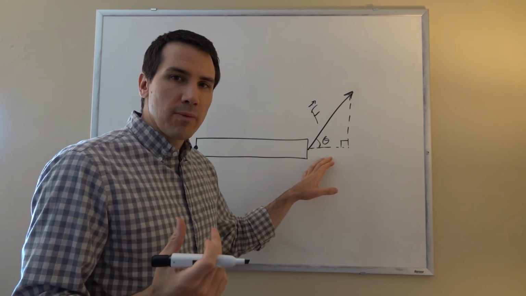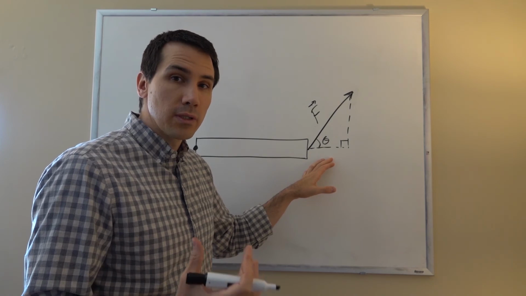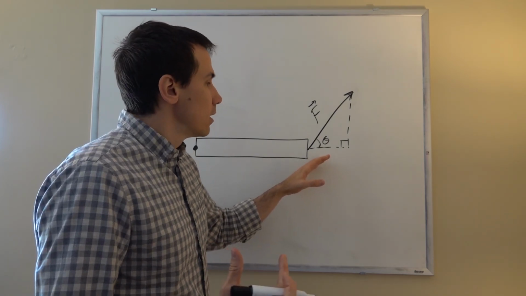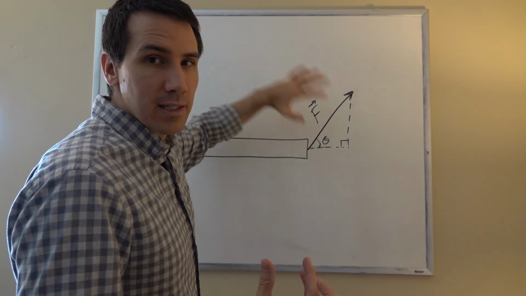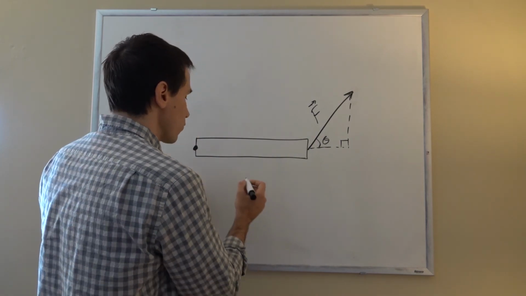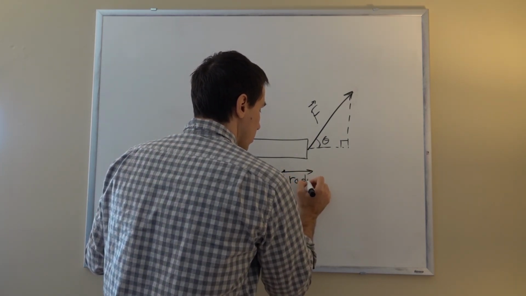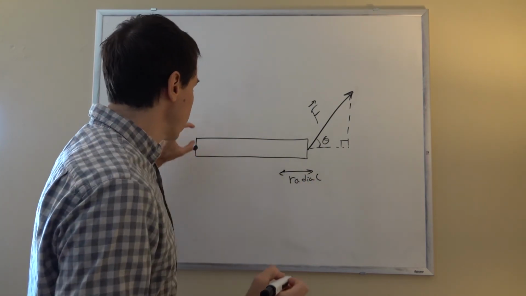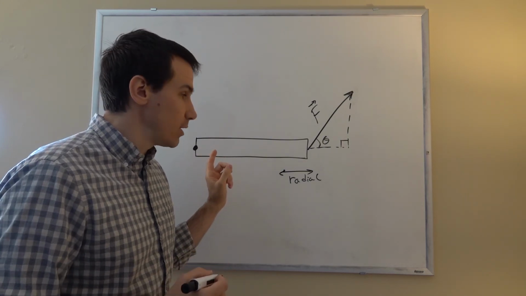If you remember from our uniform circular motion discussion, we can think about a rotating system in terms of tangential and radial components, where radial points outward from where we're rotating around, from our axis of rotation.